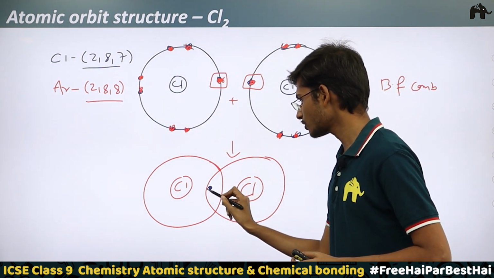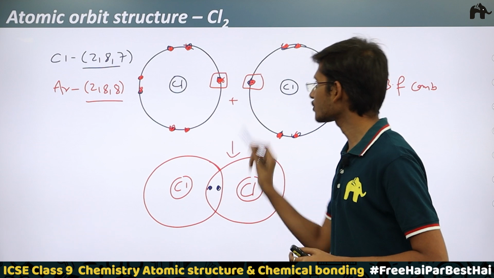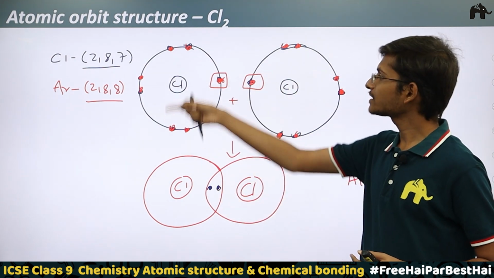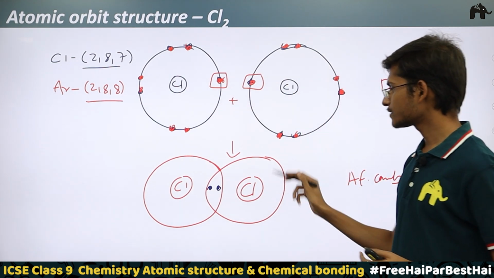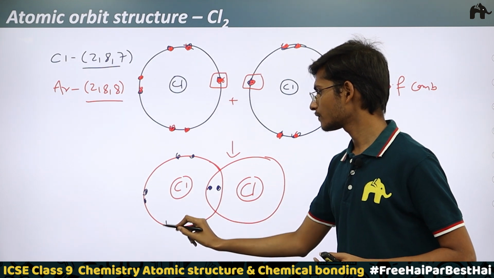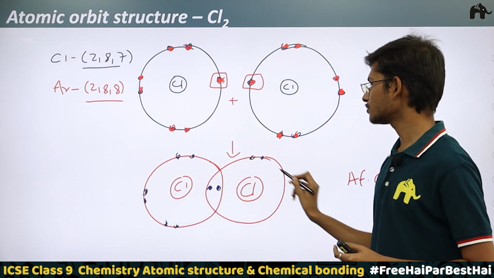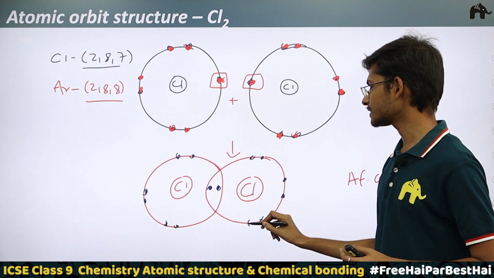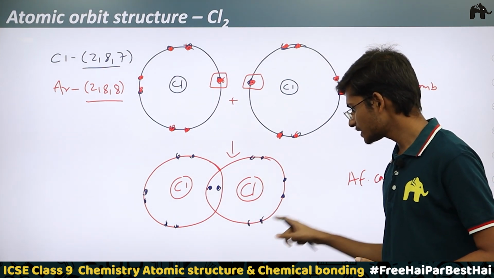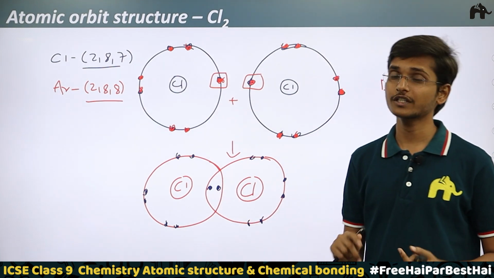This is 1 electron, this is another electron, these 2 electrons which are shared. Now the remaining 6 electrons stay as they are for both atoms: 1, 2, 3, 4, 5, 6, and 1, 2, 3, 4, 5, 6. Now count for yourself. This chlorine has 6 electrons plus the 2 shared, so 8 electrons in its outermost shell.